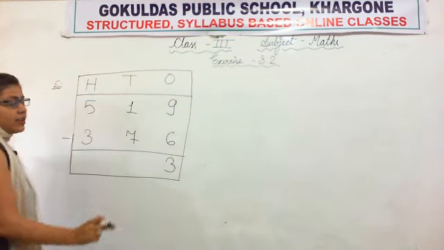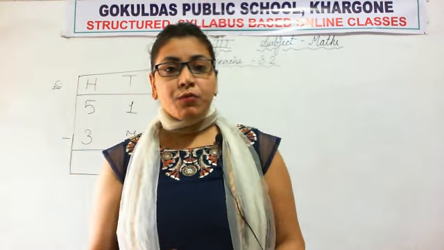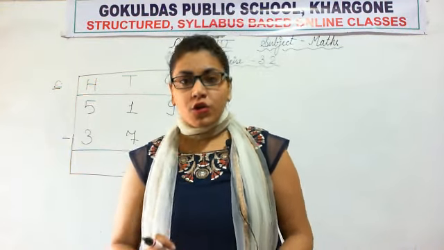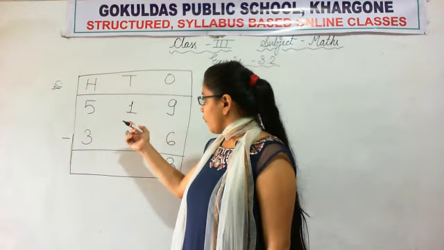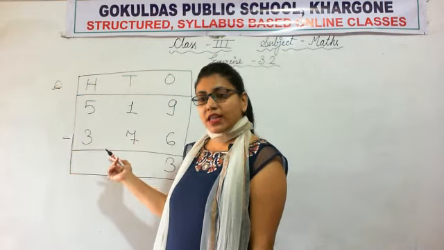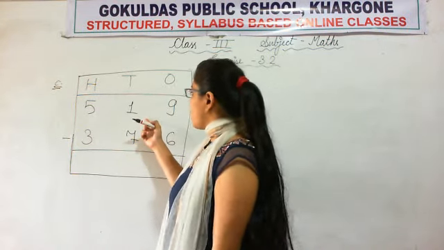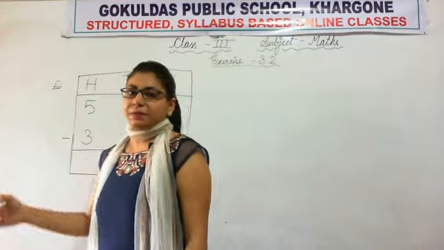1 minus 7. Can we remove 7 from 1? No. So now we will take borrow. Since 1 is smaller than 7, this tens place will take borrow from the hundreds place.